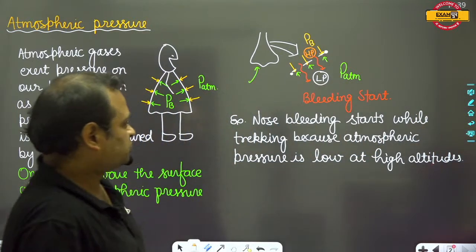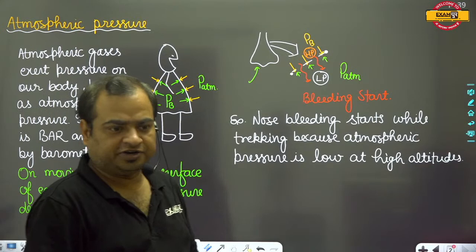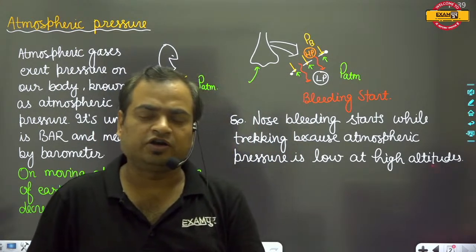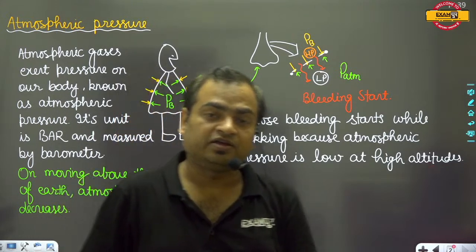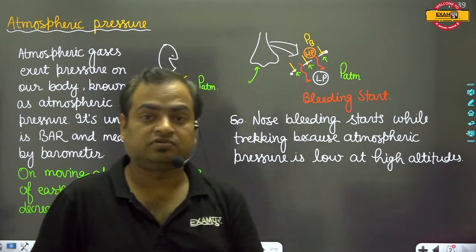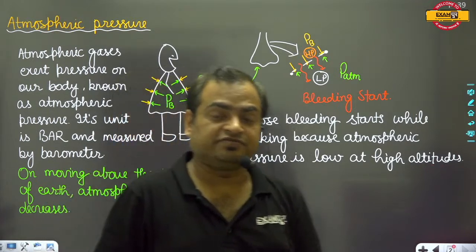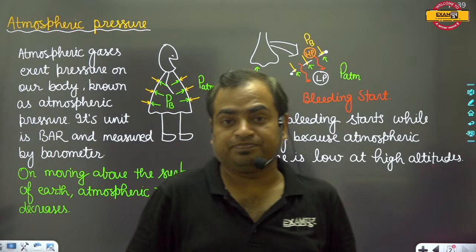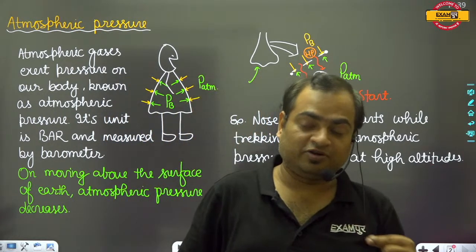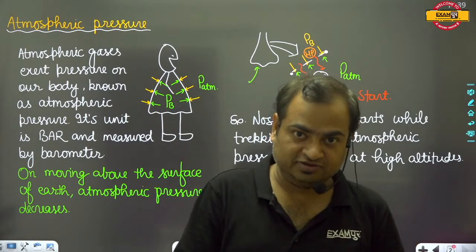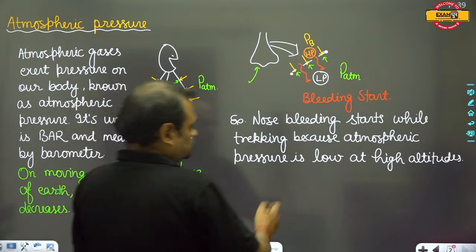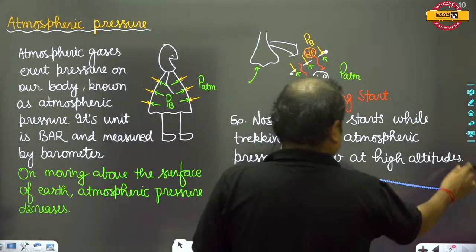That's why the nose bleeding starts, as well as if a man goes to the same place having a ballpoint pen, then obviously the ball pen will start leaking because of low atmospheric pressure. Okay, so this is the concept.